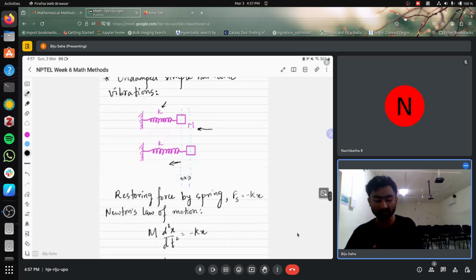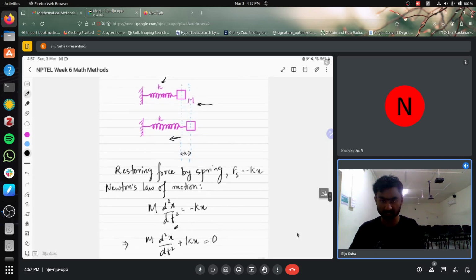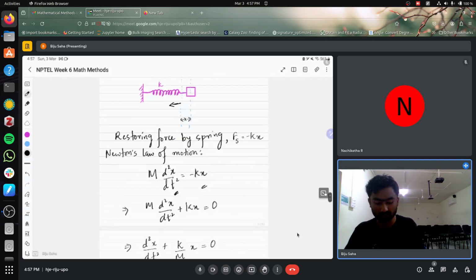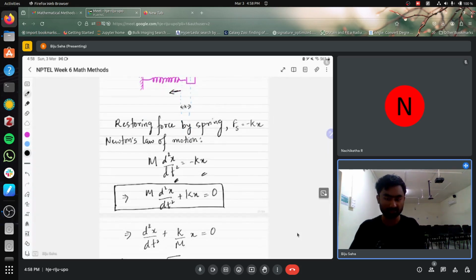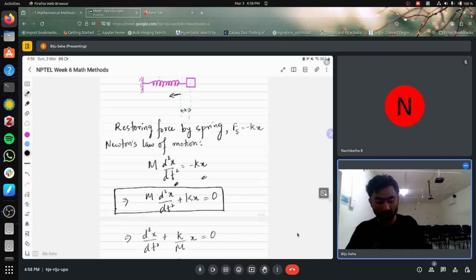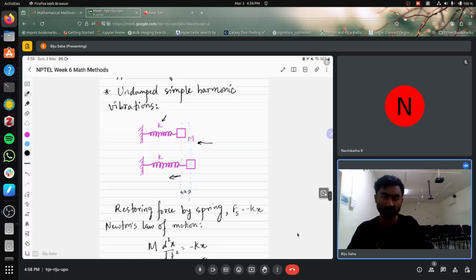So when we write Newton's law of motion for the mass block M, there is the acceleration term, and on the right hand side I have minus kx, minus because it is acting in the opposite direction. So Newton's law of motion for this spring mass system is this very simple looking equation. This is the case of undamped condition, which means there is no damping in the system.